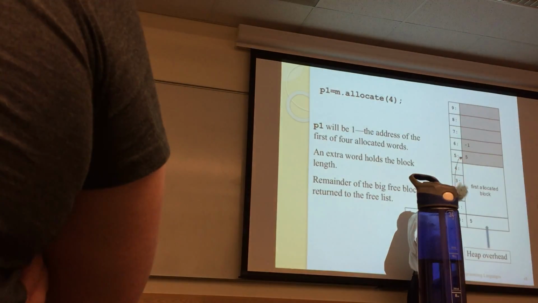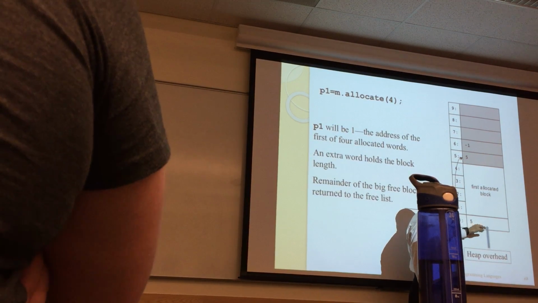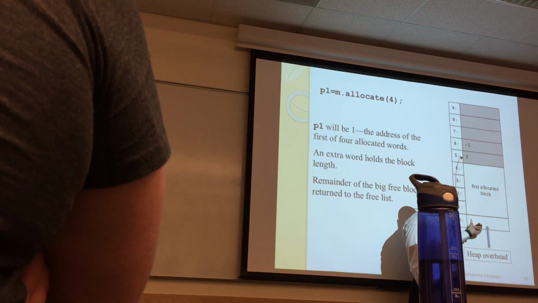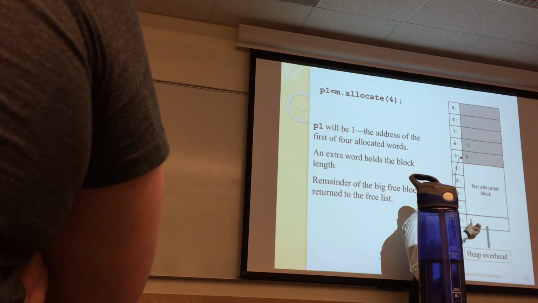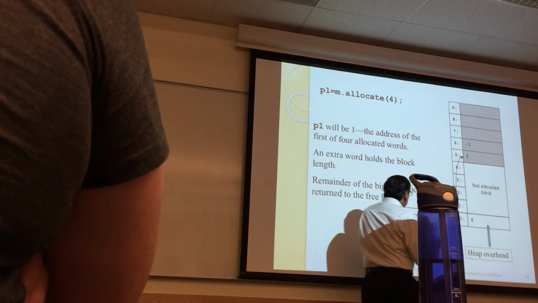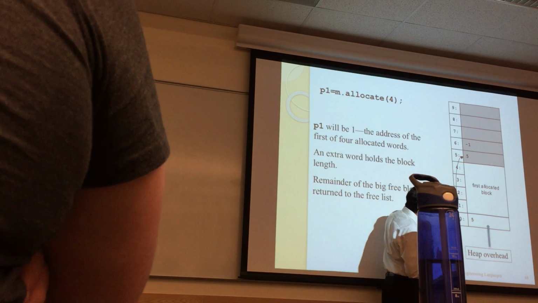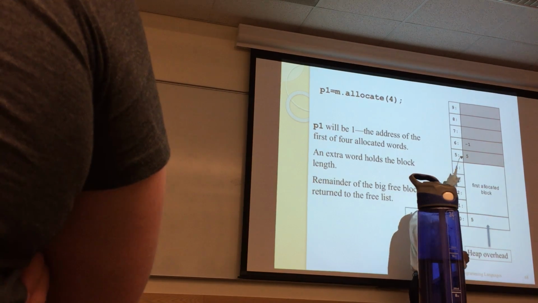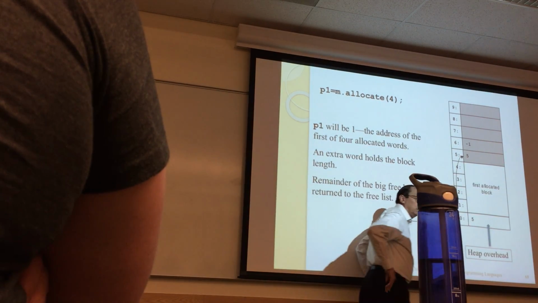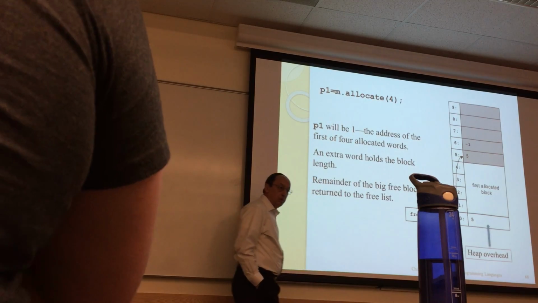So it's 5 words total. And this is how, when we delete something, it knows how many words to free up. So now that we've done this, we've just allocated 5 words on the heap. Now the start of our free store has been moved up to the next one that's free.